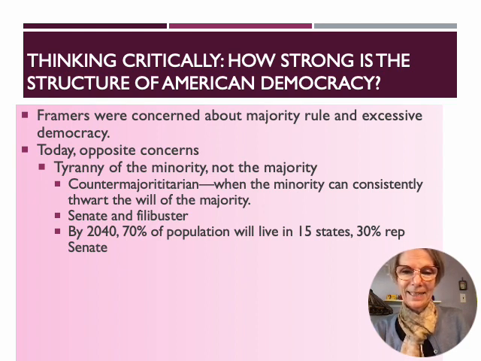Today, it's 68 to 1, so the largest state is 68 times the size of the smallest state. And as it says there, by 2040, 70% of the population will live in 15 states and have 30% representation in the Senate.